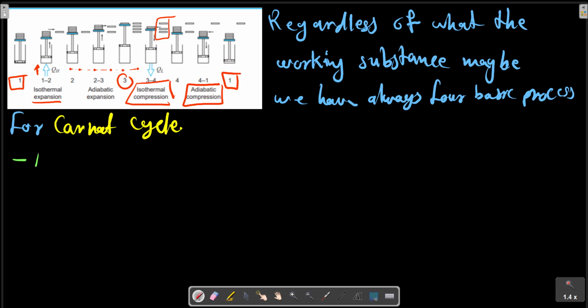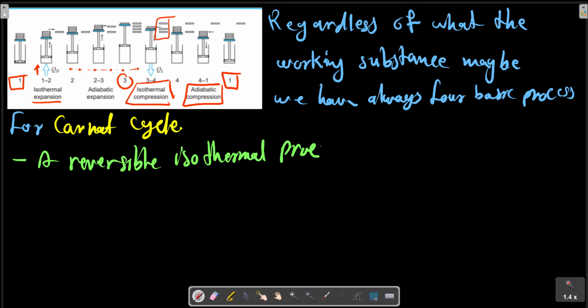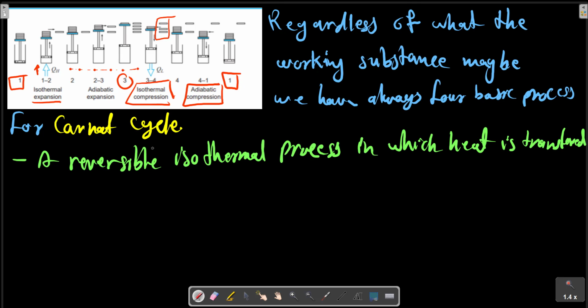a reversible isothermal process in which heat is transferred to or from the high temperature reservoir.